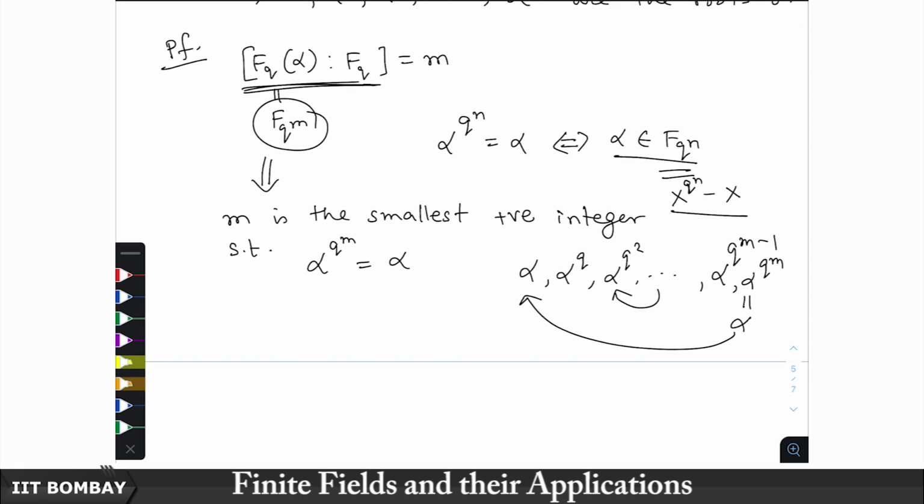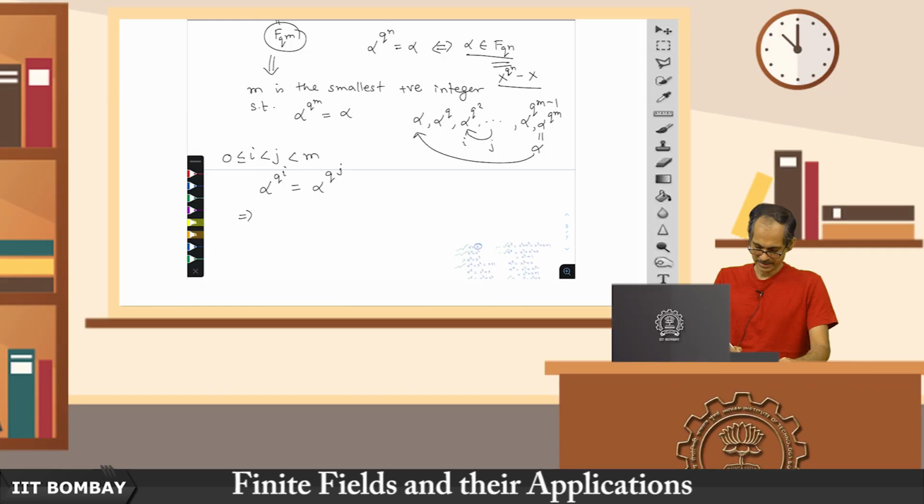So, in other words, if we take any two indices i less than j, with j less than m, such that alpha power q power i is equal to alpha power q power j, then i must be equal to j. You can prove this very easily.